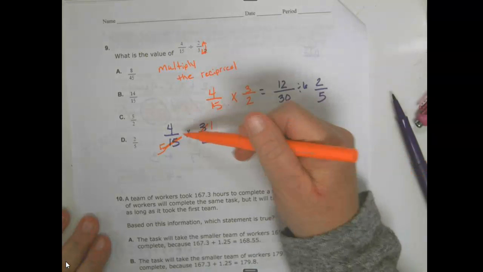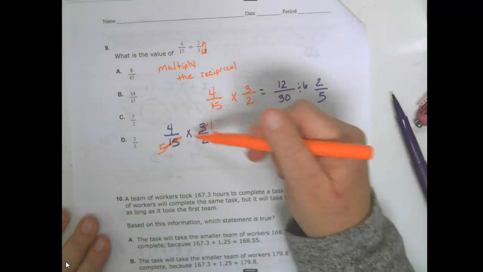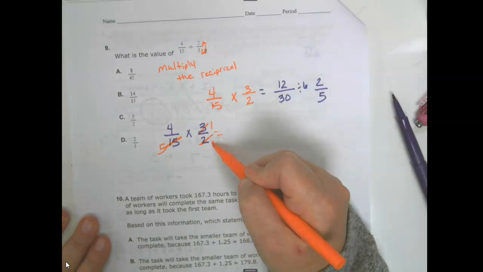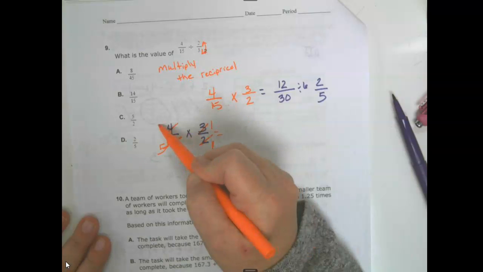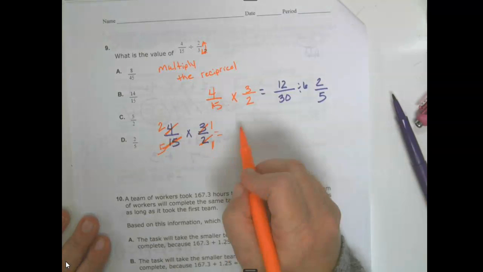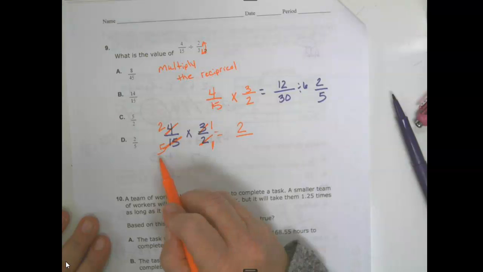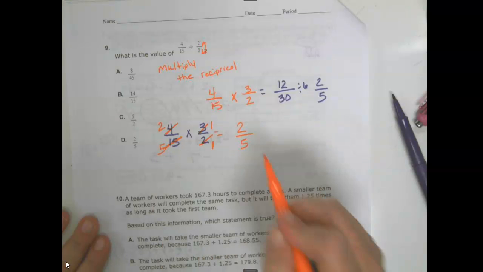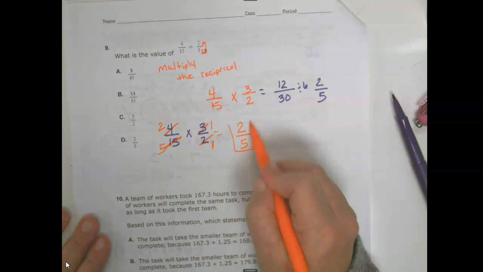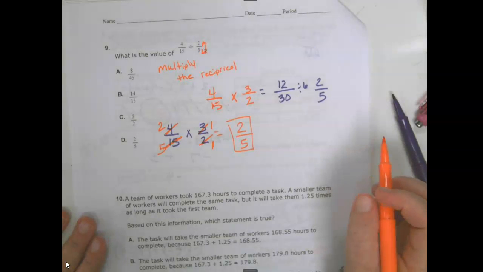I can look diagonal this way. What can I divide 2 and 4 both by? 2 divided by 2 is 1. 4 divided by 2 is 2. 2 times 1 is 2. 5 times 1 is 5. So I have 2/5.